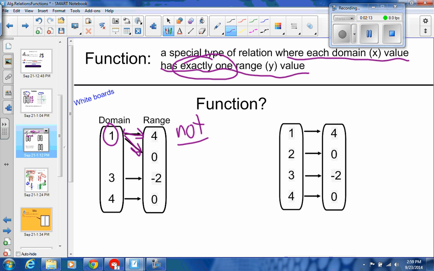Based on those arrows, it has two range values that go with it, and that means it would not be a function. But the one on the right, each domain value, which are the x values, is different, and they all have their own range value. So that one, yes, it is.